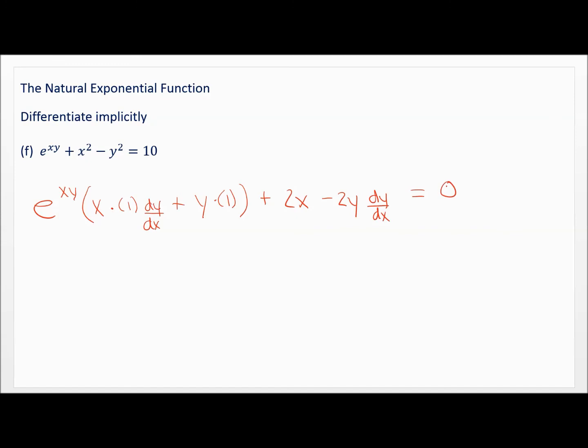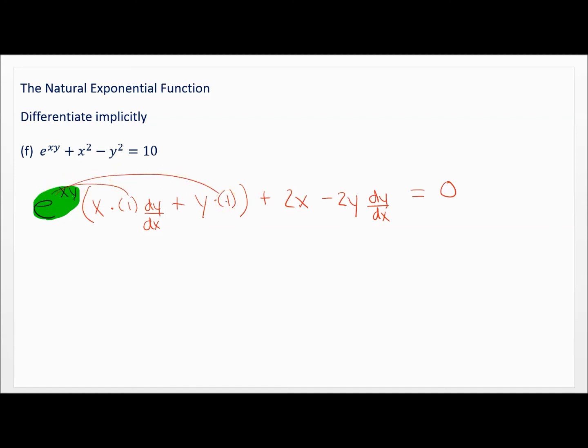Now remember, the next goal is to solve for dy over dx. To do that, I'm going to have to get all my dy over dx terms to one side of the equation, which means I'm going to have to do something with the set of parentheses right here. So I'm going to distribute this e to the xy inside my parentheses.